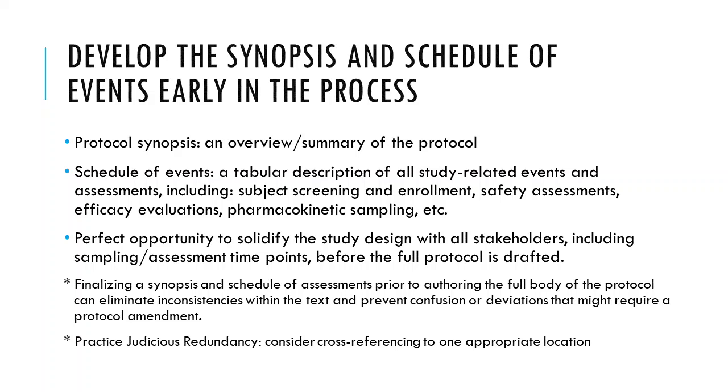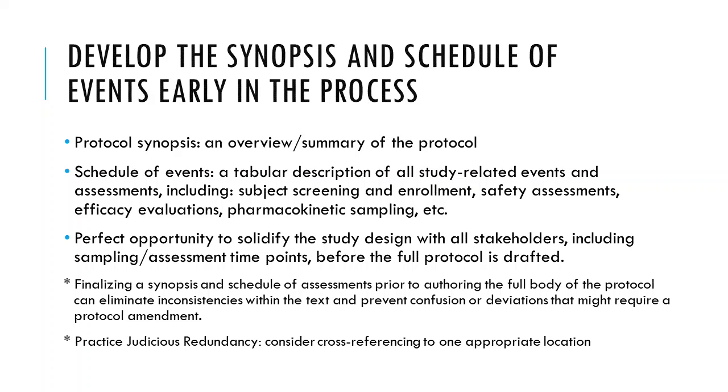One note here is that you see a lot of redundancy in our protocols. We talk about the same information multiple times, and that's by nature just the way protocol development goes. We want to practice judicious redundancy, meaning that if we copy that same information multiple times over, and we amend that protocol, we're going to have to remember and go back and change all of those references.